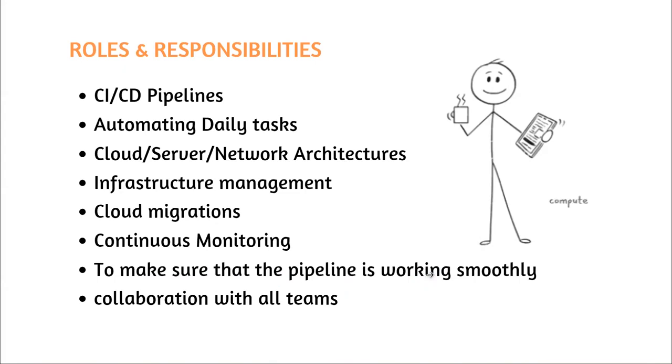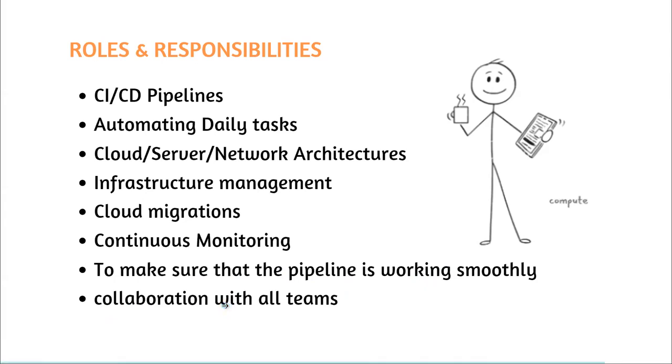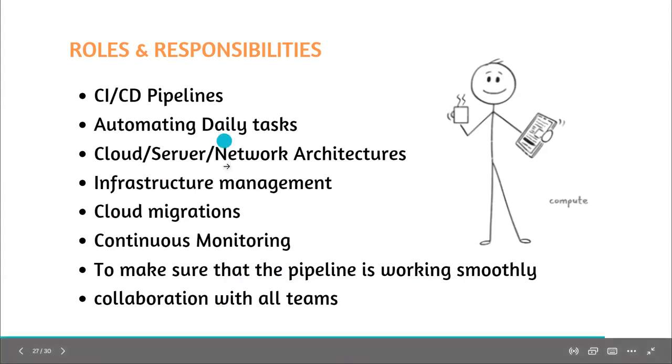At that time, we need to troubleshoot the pipeline and make sure it is working smoothly. And the last one is collaboration with all teams. As a DevOps engineer, you need to work with all the team members.